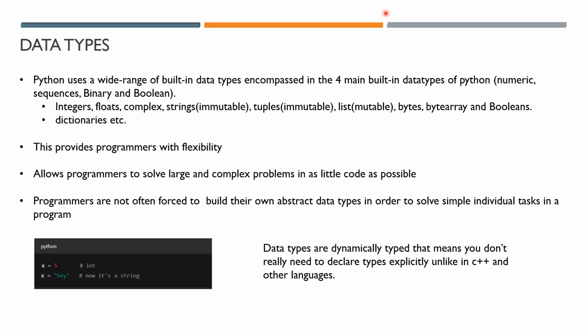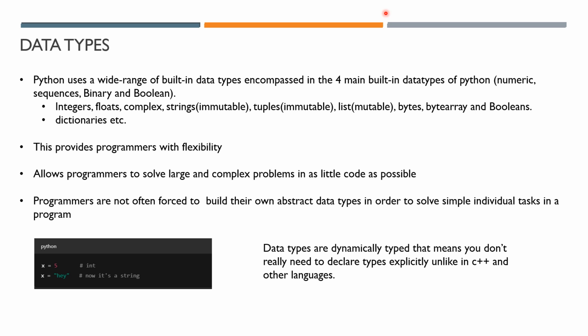And complex are values that have imaginary and real parts. An example of that could be 2 plus 1j, 1 plus 3j. So all of those type of values are complexes.